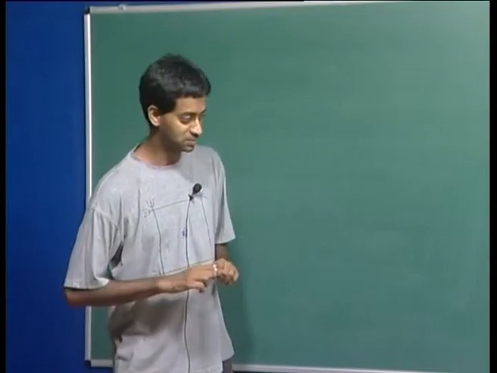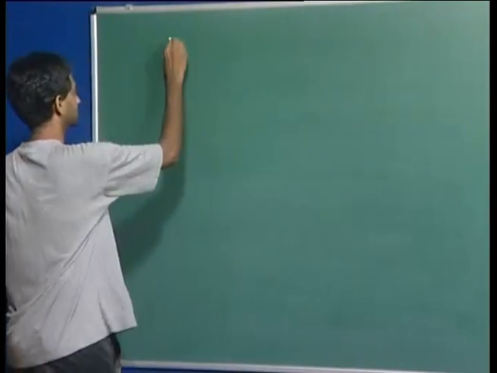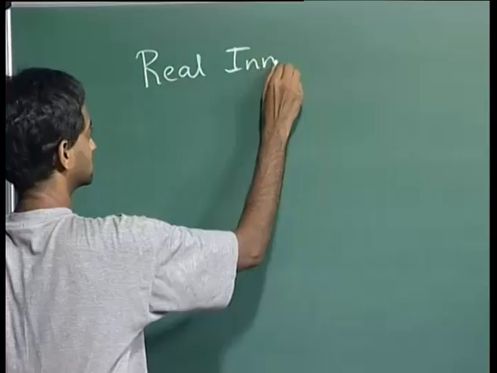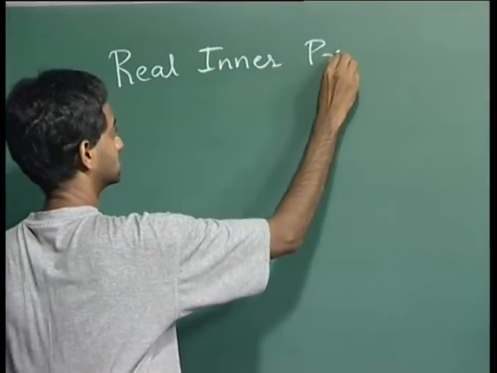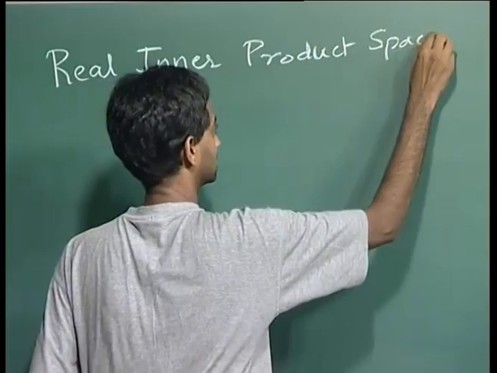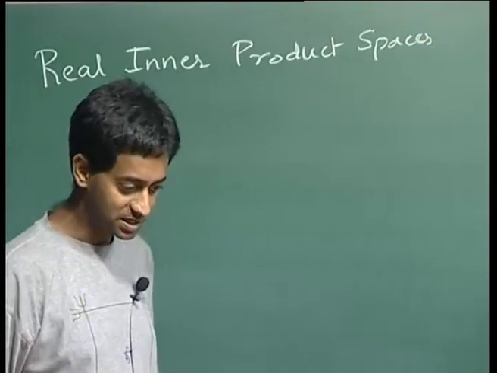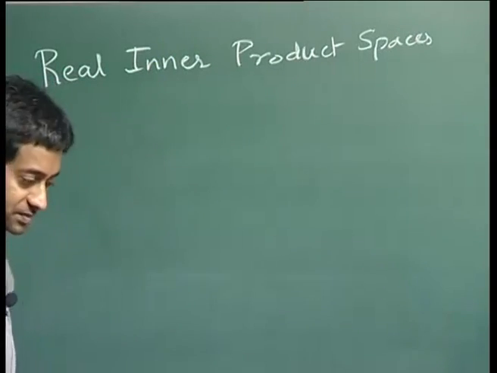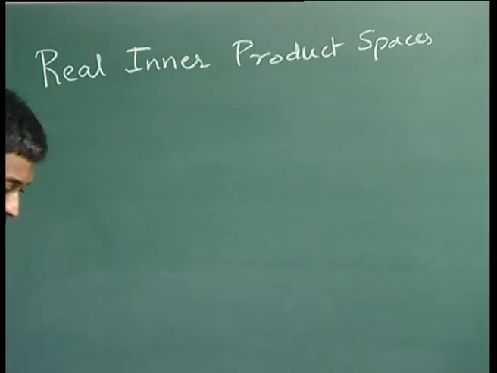However, there are spaces called real inner product spaces, and these are spaces where an inner product of two vectors is defined. So, these are special kinds of vector spaces.